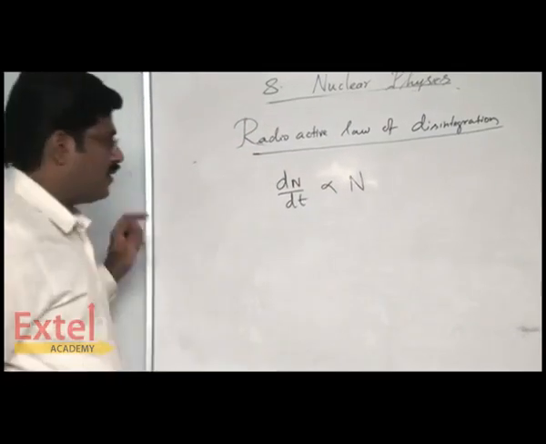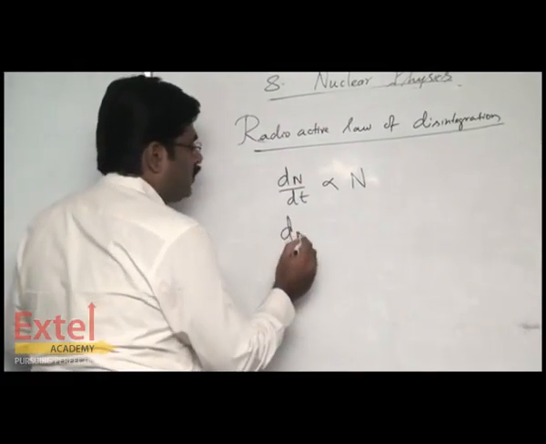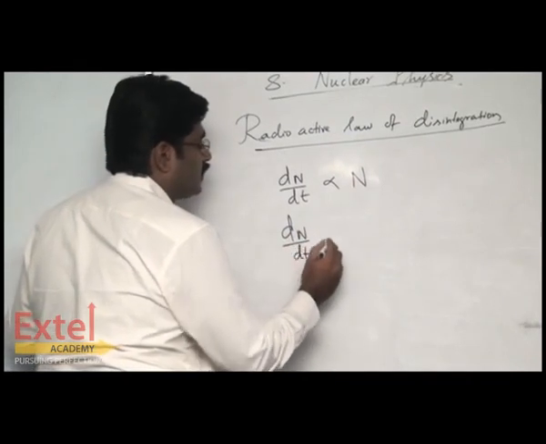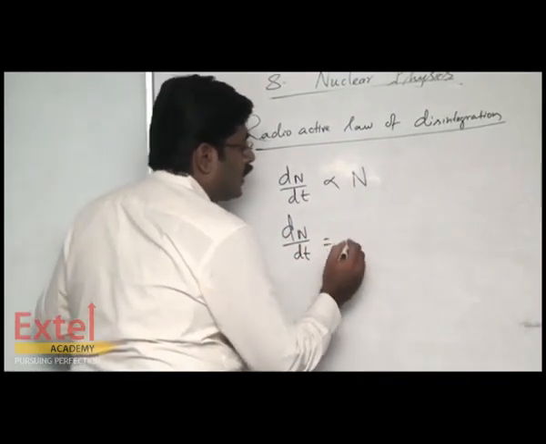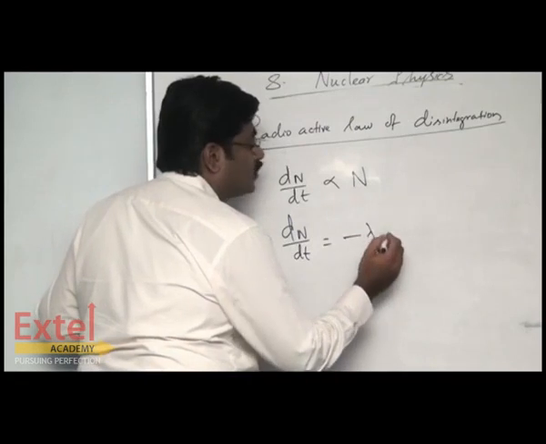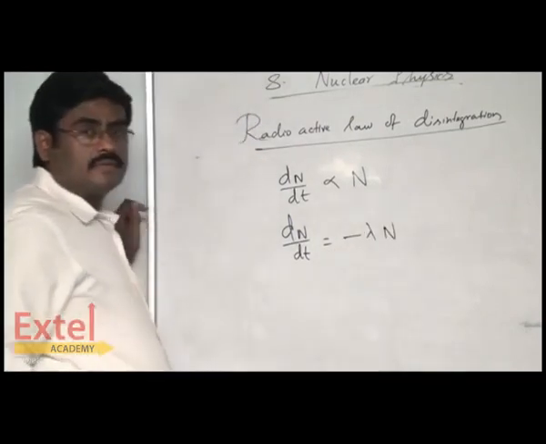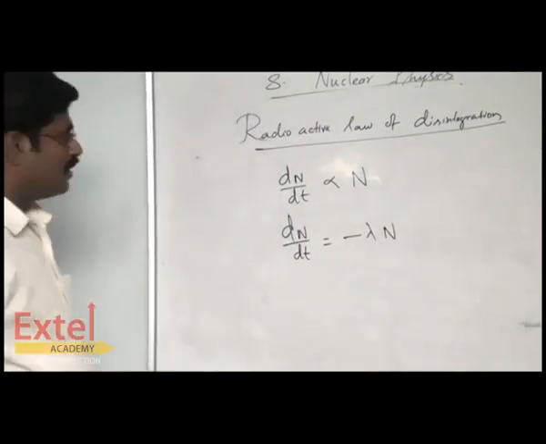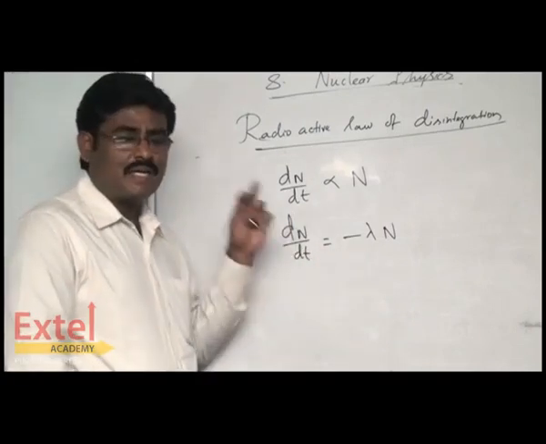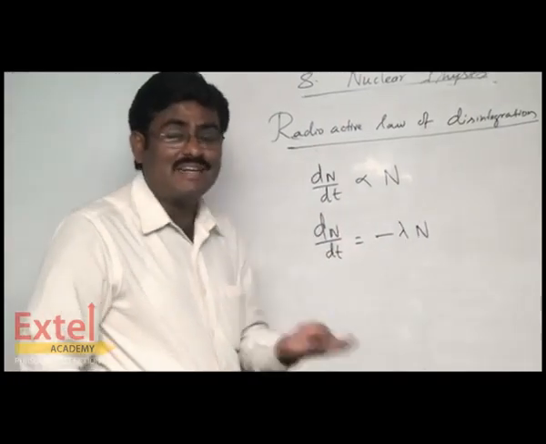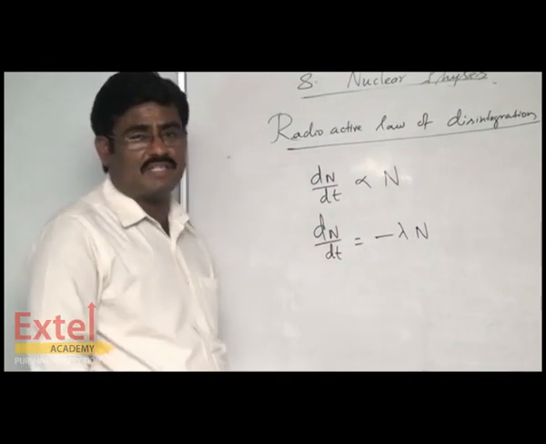But if you want to equate it, you have to introduce one constant. dN by dt is equal to minus lambda into N. Why minus lambda into N? The presence of minus indicates the number of atoms goes on decreasing during the process of disintegration.